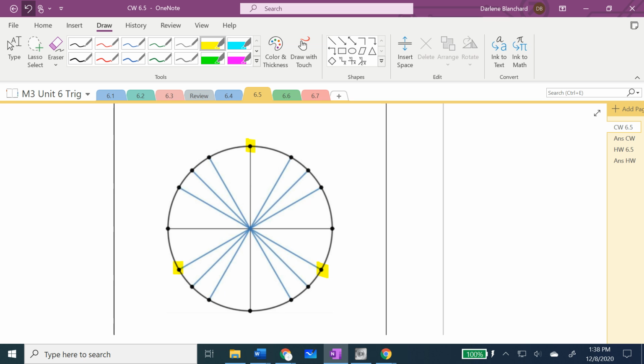So I can actually write this. I can start at 90 degrees. How much do I add to 90 degrees to get over here? Yep. 120 degrees is 1/3 of 360.